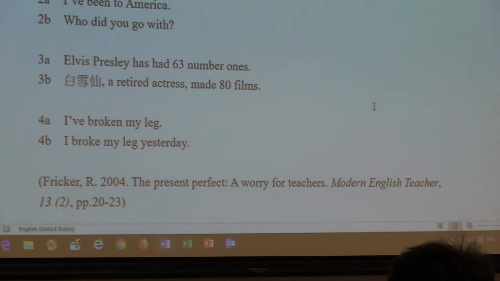Who did you go with one time? Which means I think 2A, which means two is in America and just describing the state.